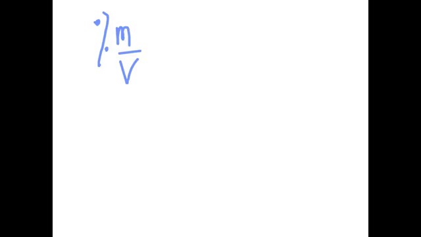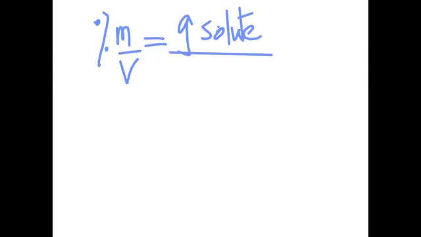Percent M over V is equal to grams of solute divided by volume, or I should say volume in ml, of what? Solution. And I'm abbreviating because I don't have room to write everything, okay? And let's not forget, times what?